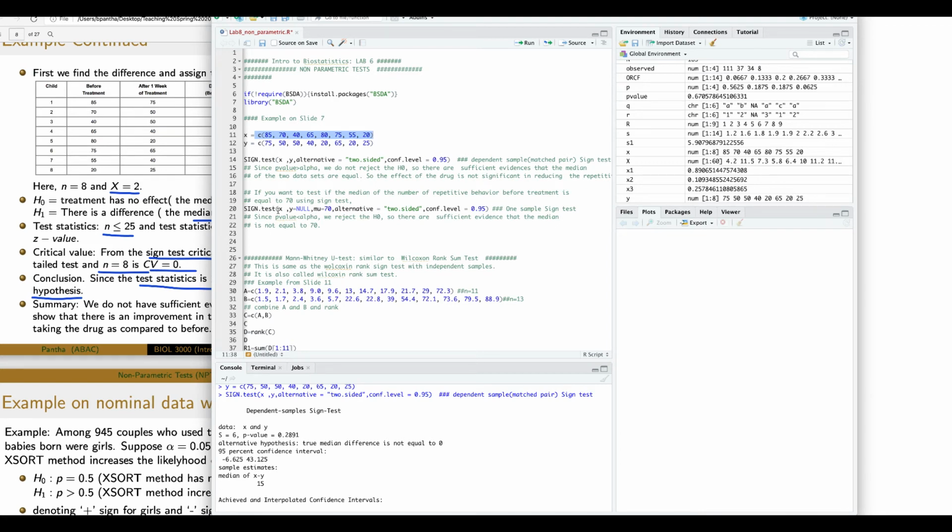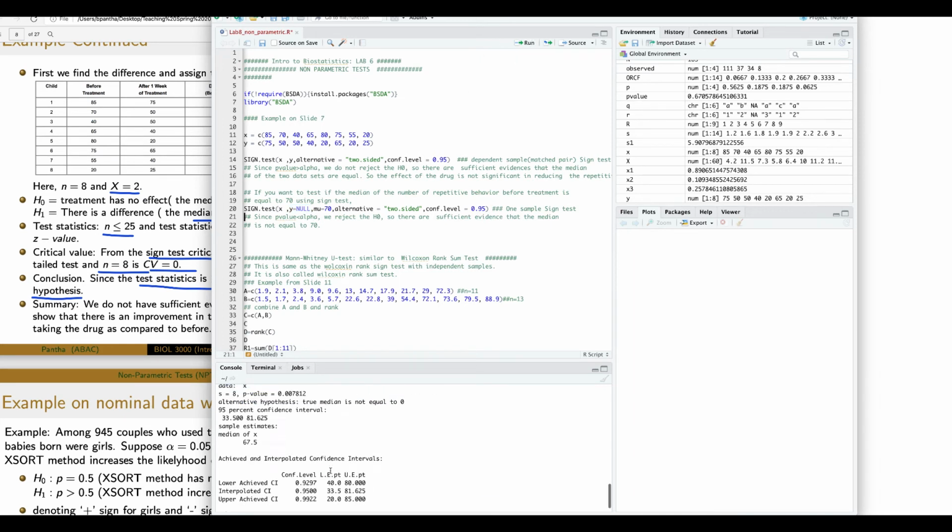Although the Sign test requires two inputs, X and Y, if there is only one sample, you set the other sample equal to NULL. So X comma Y equals NULL, mu is 70, alternative is two-sided, confidence level is 0.95.